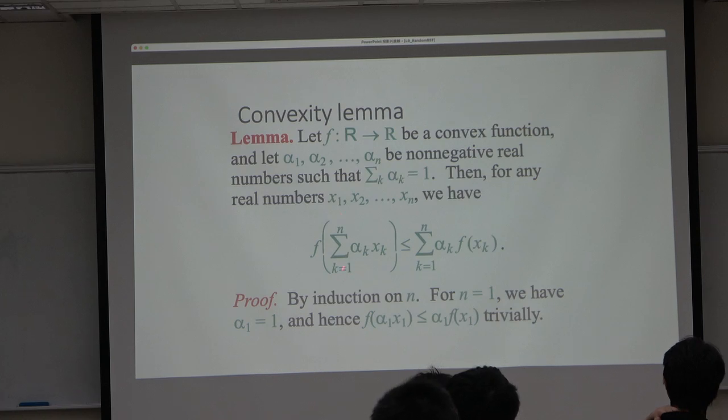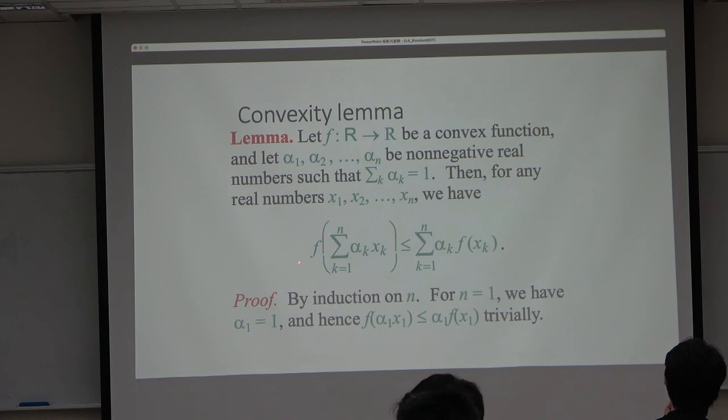You get kind of an interpolation: x1, x2, up to xn, multiplied by alpha i, and you sum them up.